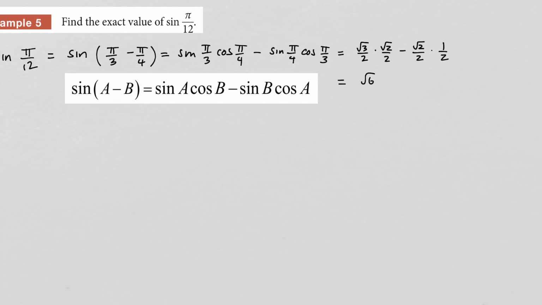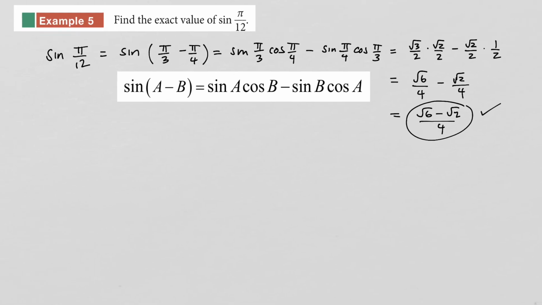This is the square root of 6 over 4 minus the square root of 2 over 4, which is the square root of 6 minus the square root of 2 over 4. I apologize, this should be a 4 right here, because 2 times 2 is 4. That's my fault. There we go. You'll notice that this is the same answer that we got a little earlier, and we'll talk about that in just a minute.